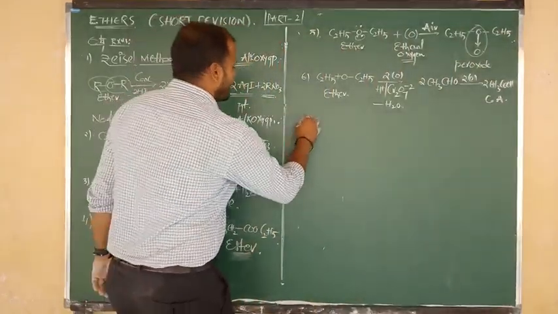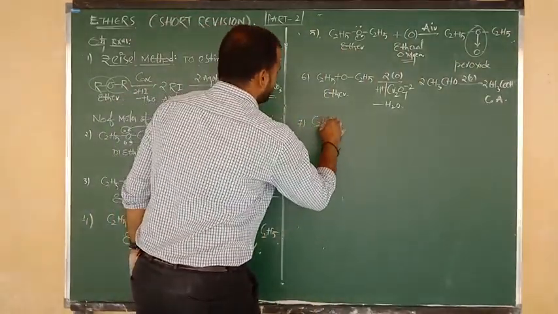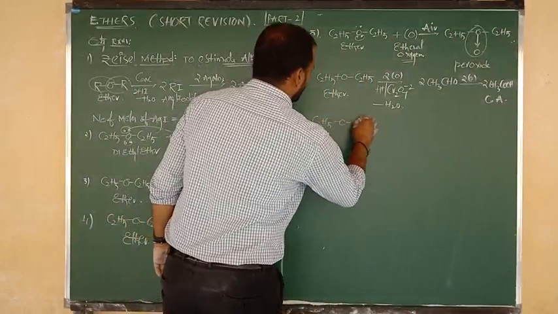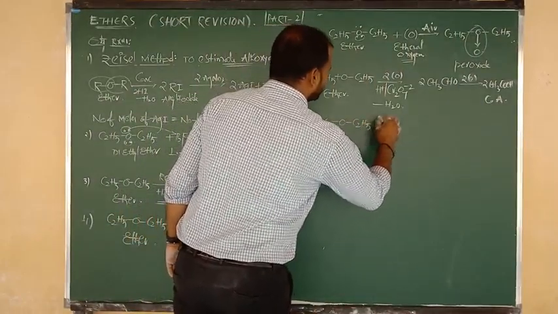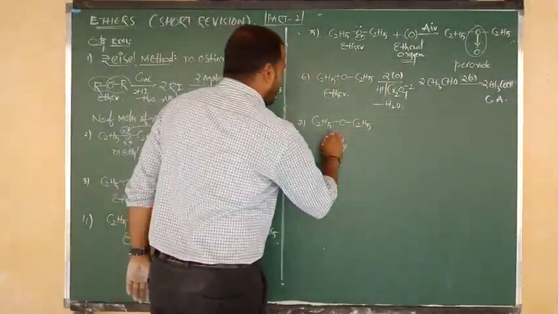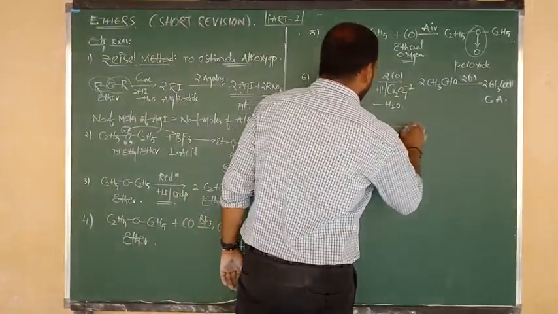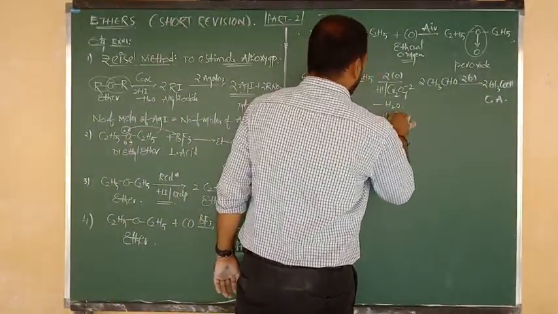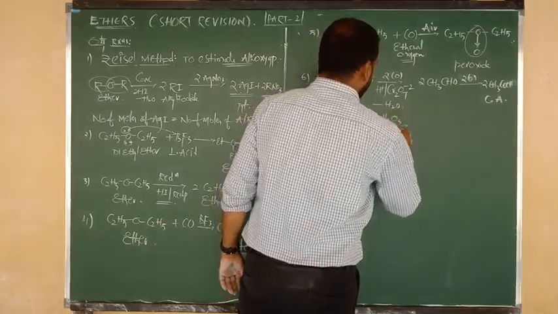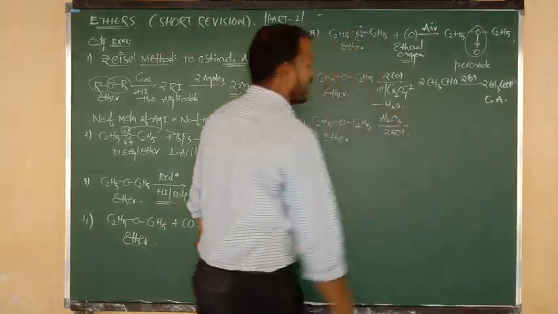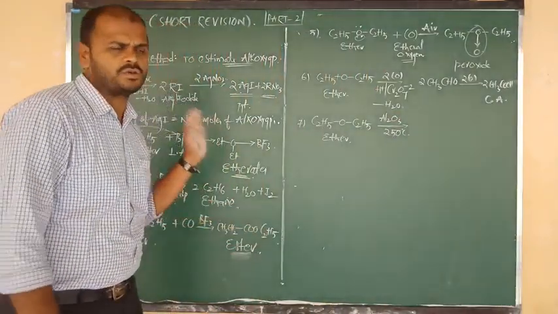Good. So next one is C2H5 bonded to O, O bonded to C2H5, diethyl ether. It upon heating with alumina, where the temperature is 250 degrees Celsius, or we can consider around 260 also, no problem.